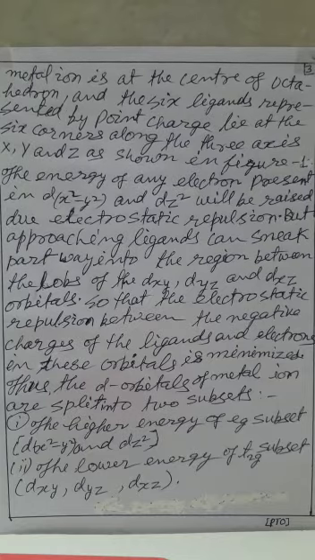Thus, the d orbitals of the metal ion are split into two subsets. 1: the higher energy Eg subset, dx square minus y square and dz square. 2: the lower energy T2g subset, dxy, dyz, dxz.